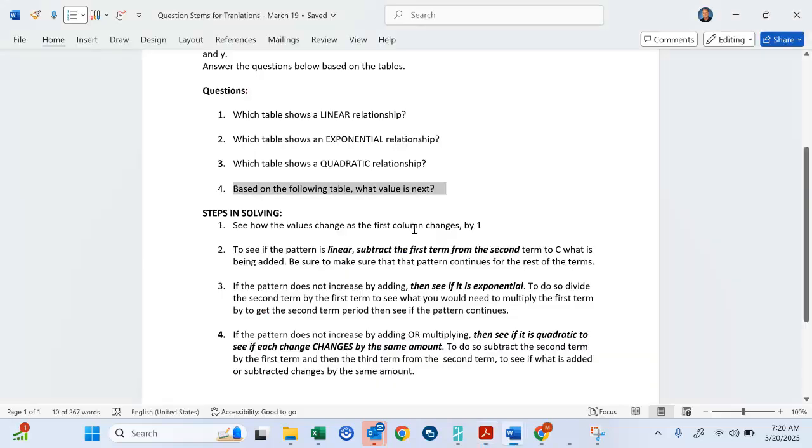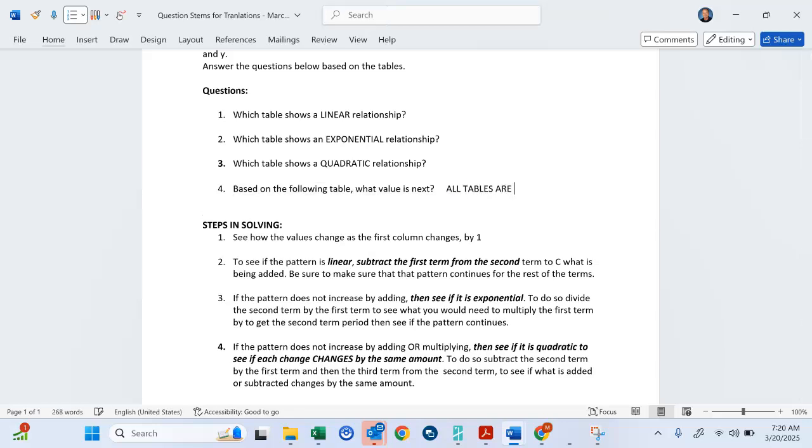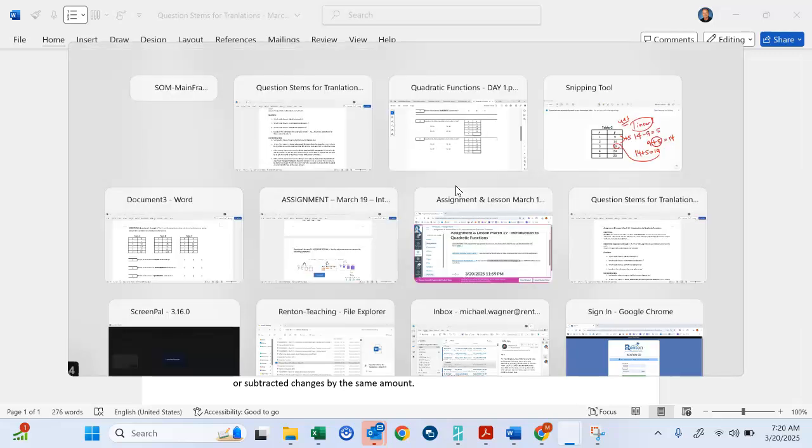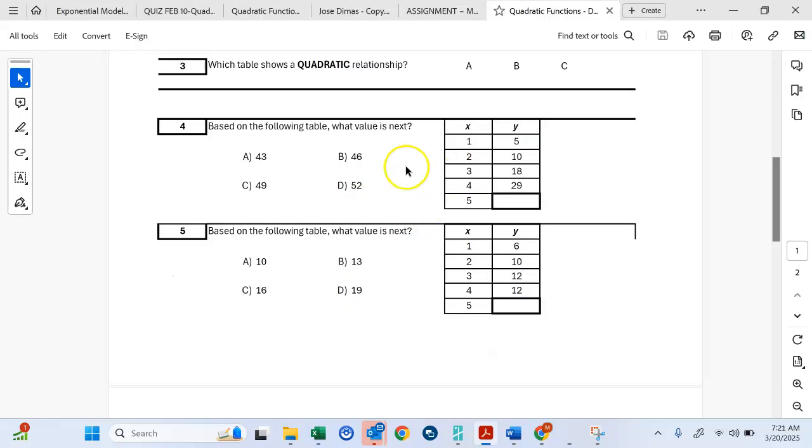So here, let me write this real quick, okay? So these tables are going to be all quadratic, okay?